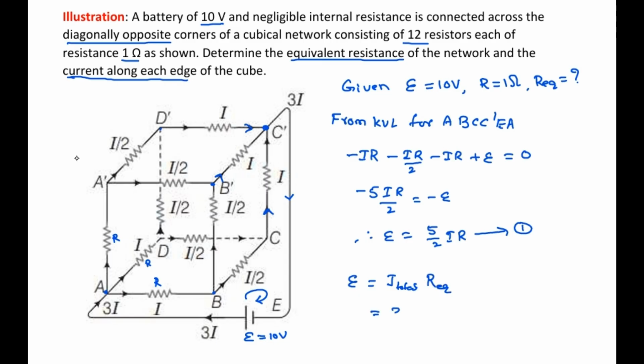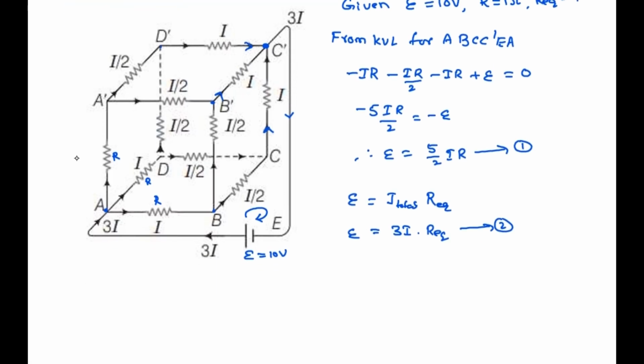I total is nothing but 3I, and R equivalent we have to find out. You can take it as equation number 2. Equation 1 and 2 are both the same. Therefore, 3I R equivalent is equal to 5 by 2 IR. I gets cancelled here, and R equivalent is equal to 5 by 6 times R.